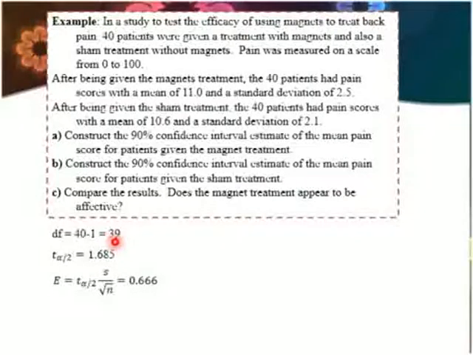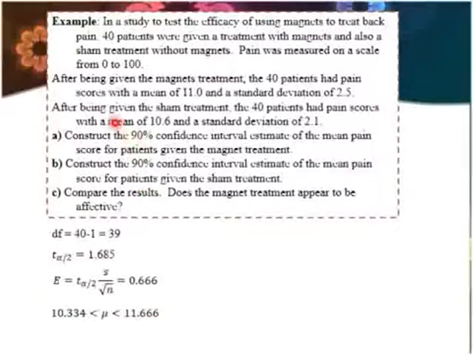Then from there we can calculate our error estimate, or our margin of error, as 0.666. And finally, we can add and subtract that 0.666 to our sample mean, which in part A, if we were looking at the patients who were given the magnet treatment, the mean score was 11. So I simply took 11 minus 0.666 and 11 plus 0.666.